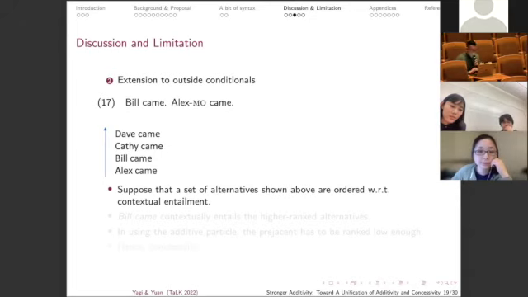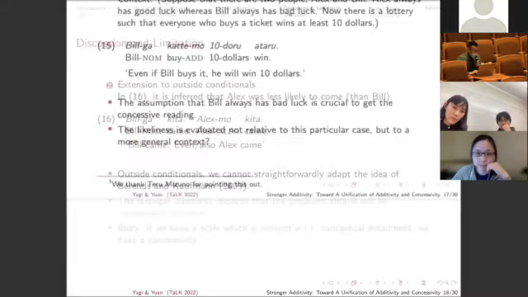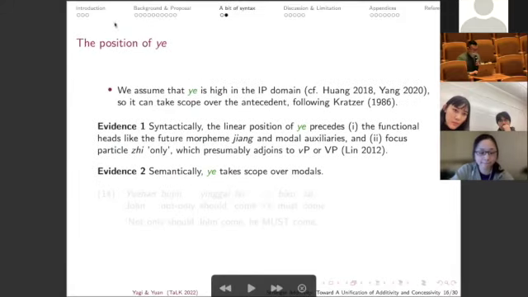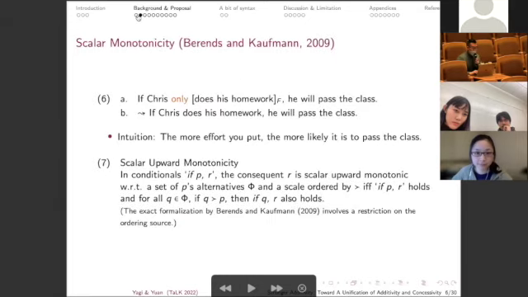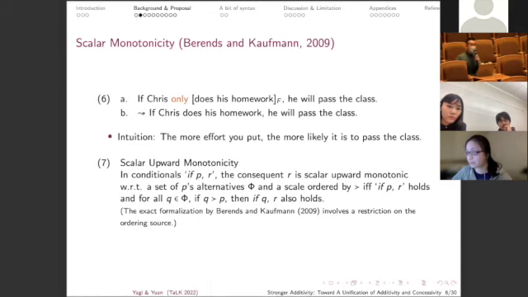My name is Junri. So I have some questions regarding scalar upward monotonicity. In 6, you say that if Chris only does his homework, he will pass the class. So you say that 6A entails 6B, right?